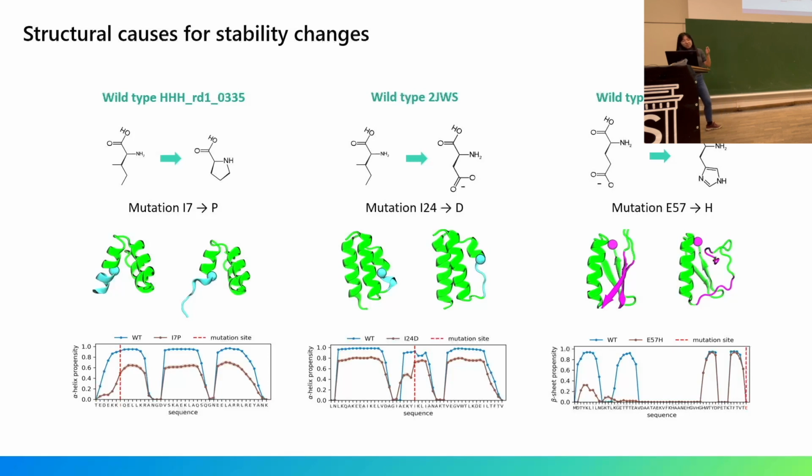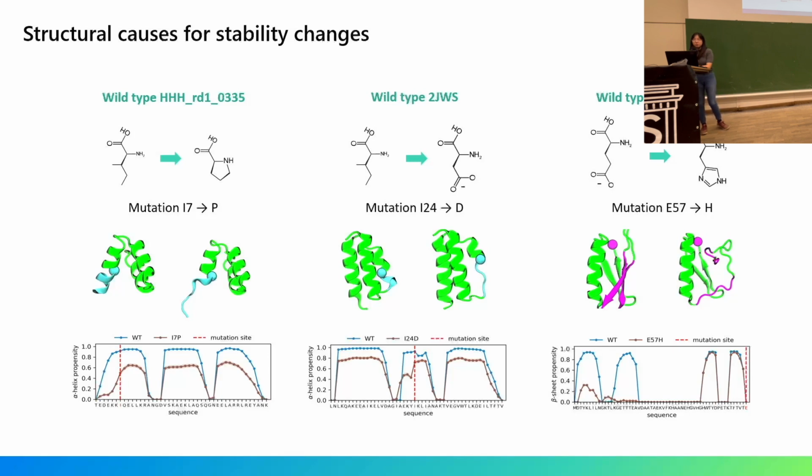But one nice thing from our model is that you can see what happens there. Say if you want to know how a single mutation that changes the sequence slightly changes the stability correspondingly, you can also look at the structures generated by the model, and you can see what actually happens there.